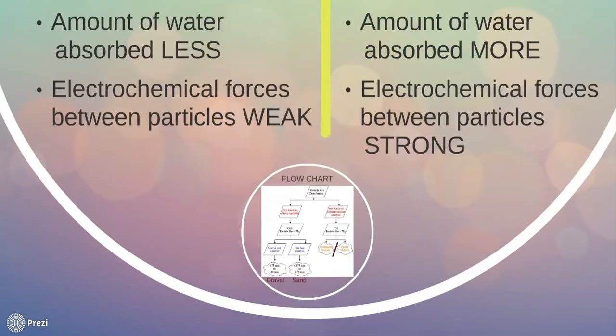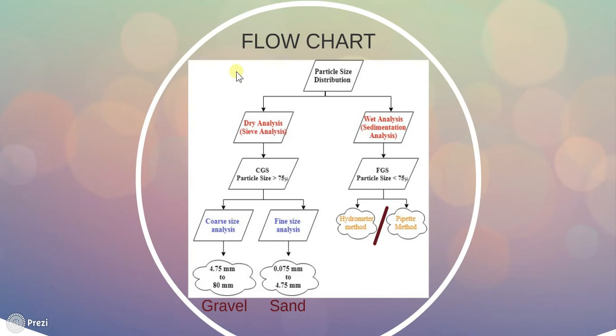Going forward, this is the flowchart of particle size distribution. How to distribute the particle sizes? Actually, particle size distribution is a method of separation of soils into different fractions based on the particle size. It is also known as mechanical analysis.